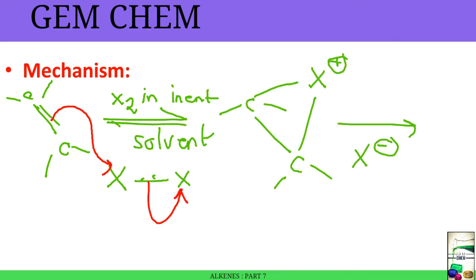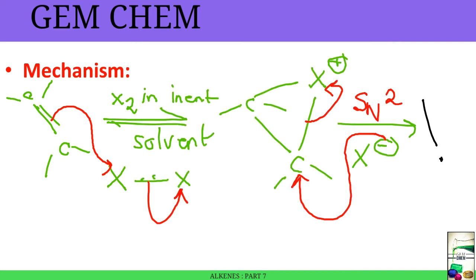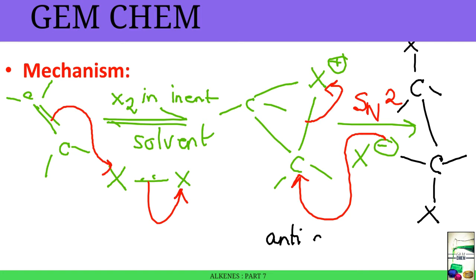Backside attack takes place, that is SN2, and this X minus attacks this carbon and this opens up and this positive charge gets neutralized. So ultimately the product obtained is an alkane with substitution of two halides, right? So this is the product. This product is the anti-addition product, and it is also known as vicinal dihalide. And this one is the cyclic halonium ion.